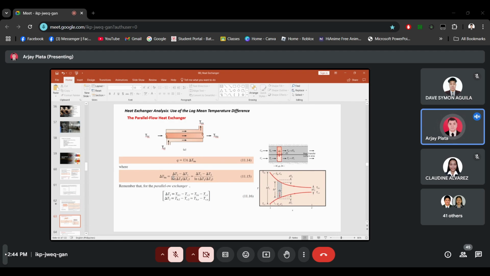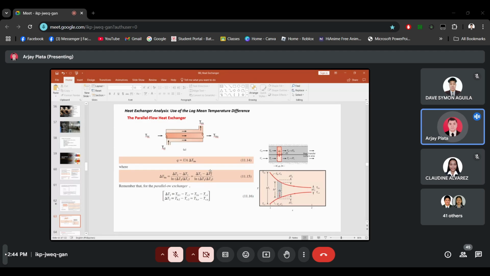differs, because we have to consider the flow. For example, in parallel flow, the inlets are THI and TCI, and the outlets are TCO and THO.